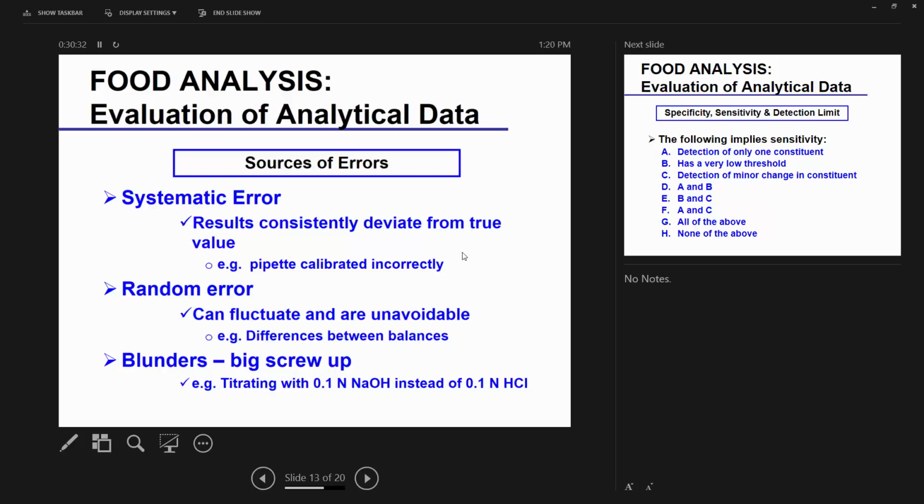Blunders. Big screw up. Like I mentioned earlier this morning in the lab, some of the blunders could be titrating with acid instead of titrating with base. Or instead of preparing 0.1 molar NaOH to titrate, you prepared 1 molar NaOH to titrate, and then you just put 1 drop and the color changes quickly to pink.